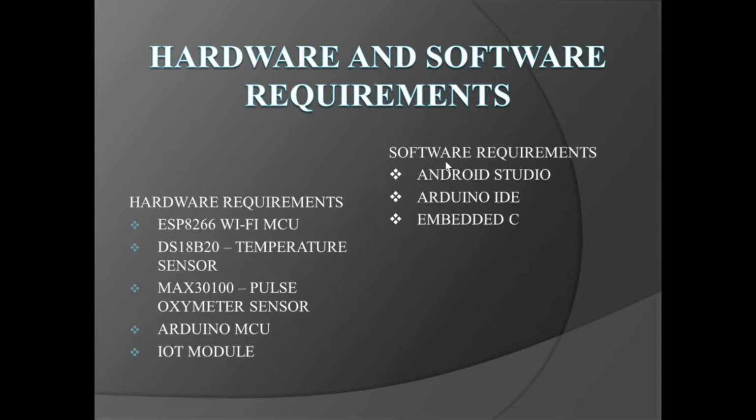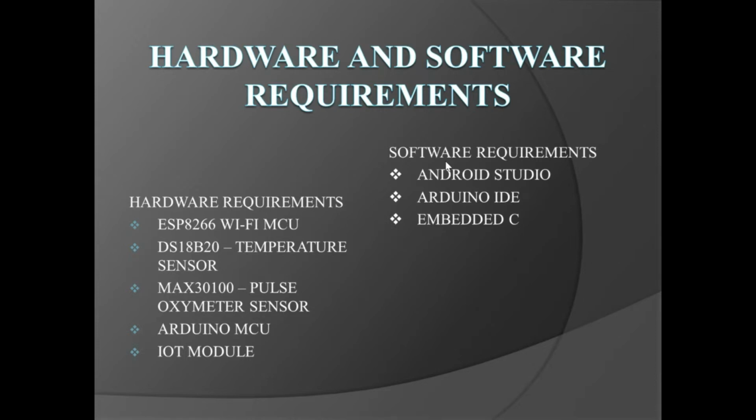For hardware, we are using MCU microcontroller unit, that is ESP8266, along with Arduino Uno R3, which has a built-in Wi-Fi module for us to transfer data through some other databases via internet. And primarily we are using two sensors. One sensor is DS18B20, which is to monitor temperature and sense the data and update in the server.